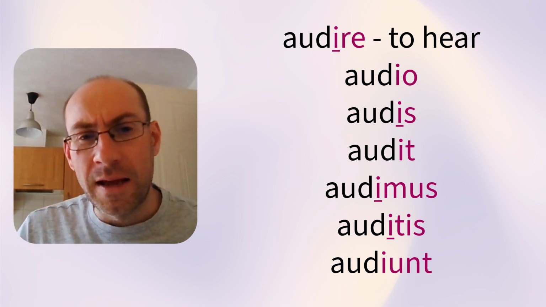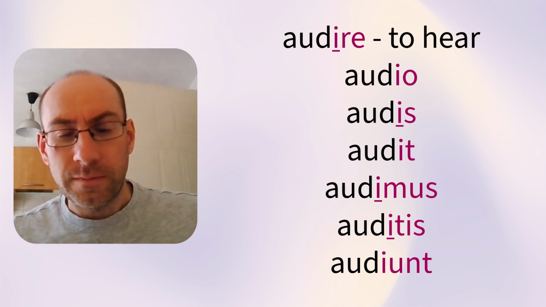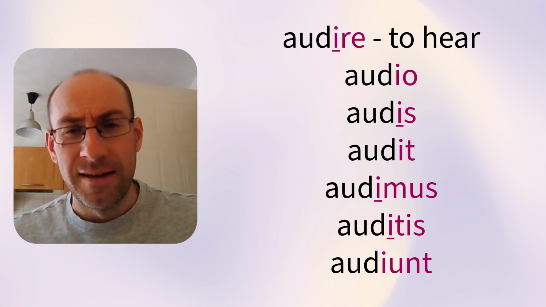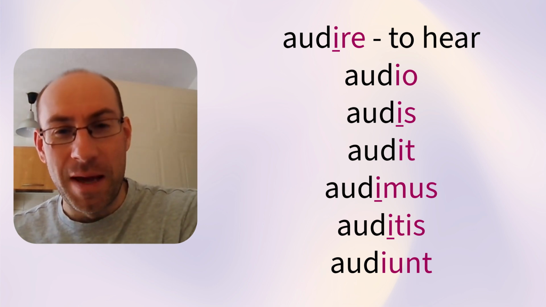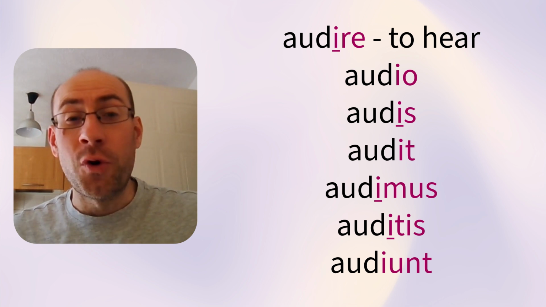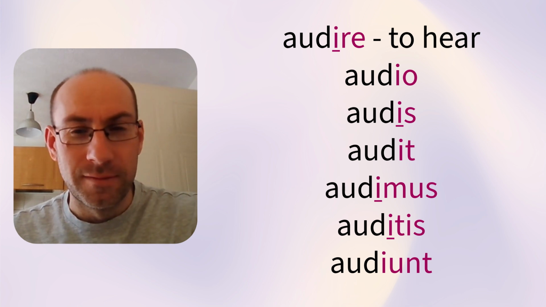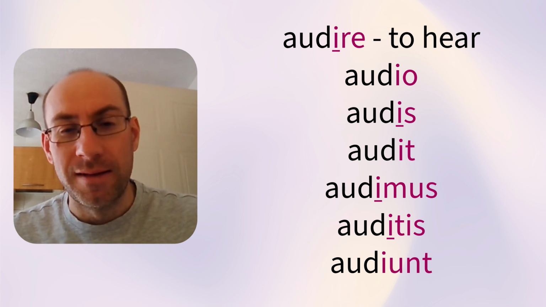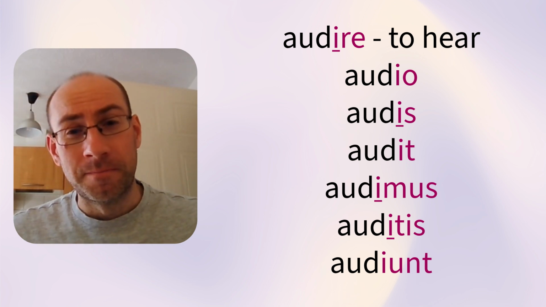Let's do another sentence. So we said I hear the master in the atrium, but I do not hear the matron. I do not hear, or I not hear, literally, the matron. Matronam, accusative, non audio. Because she is in the garden.